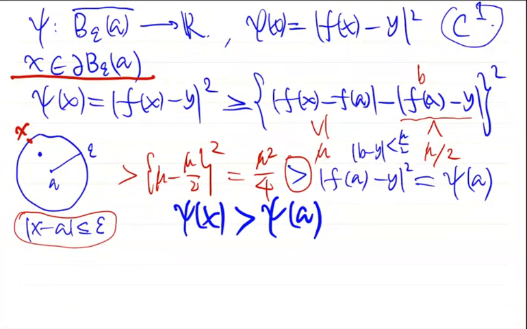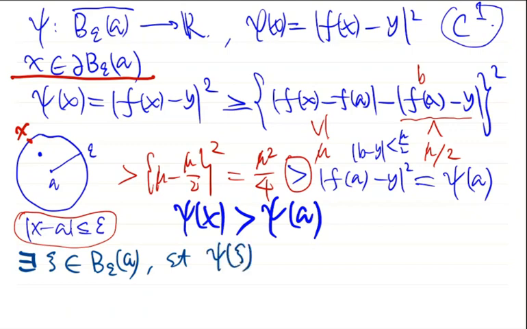So the conclusion is that there exists a point C in this open ball. This point is not on the boundary, so that the value at this point is not greater than any other point.